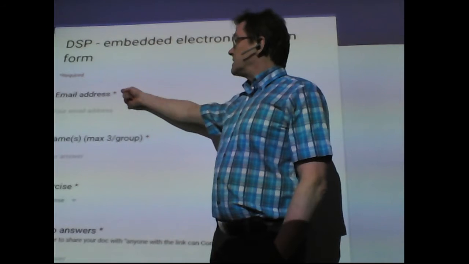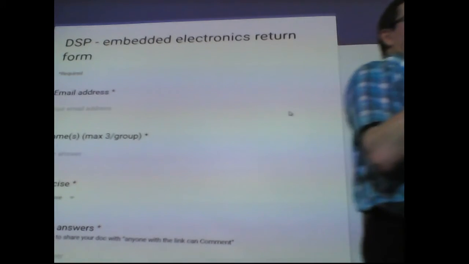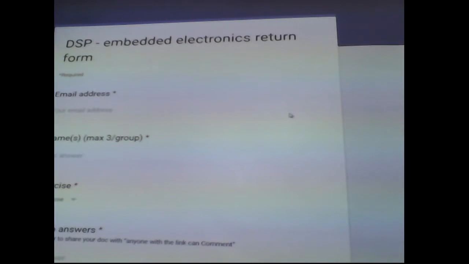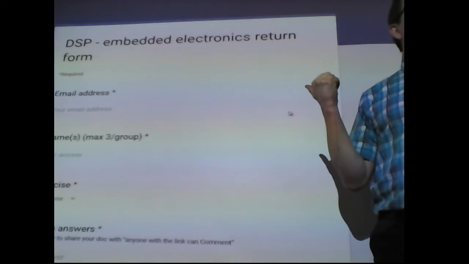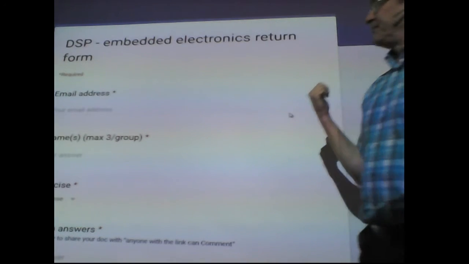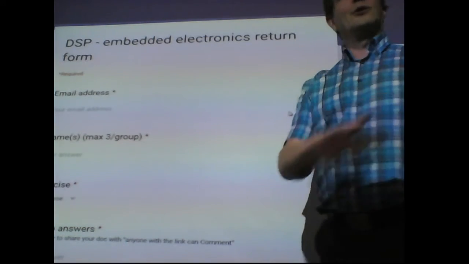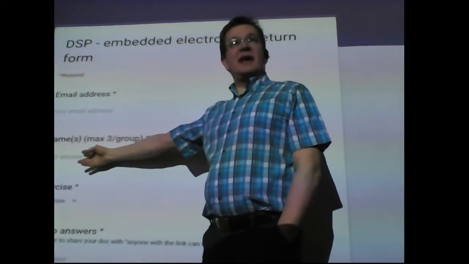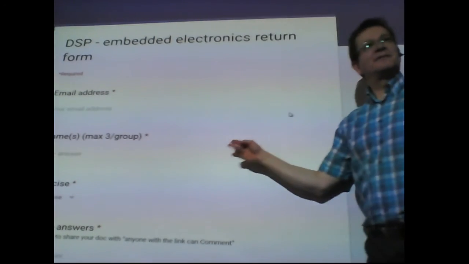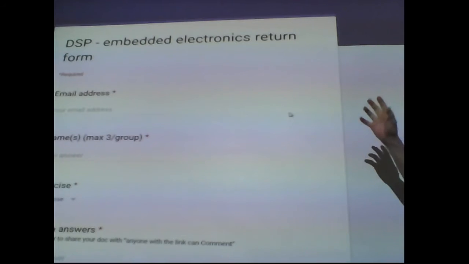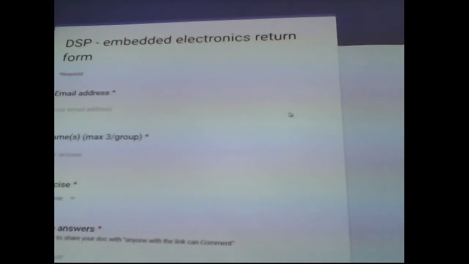Email address is required because sometimes that's the only way I can tell who actually submitted the link. And there are absolutely no names. Names, yes, for obvious reasons, add your names. You don't know how many times I get nameless returns on those exercises.